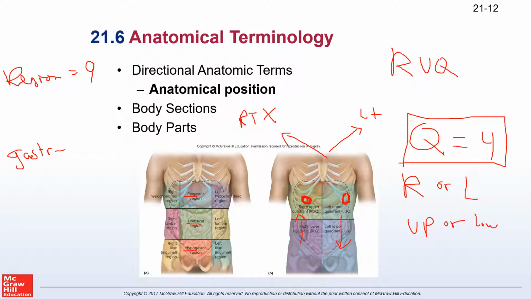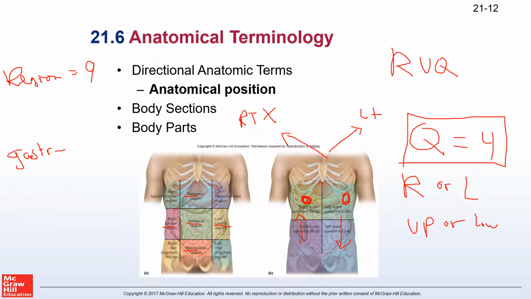Lower back. What are the bones in the lower back called? You guys ever heard of the word lumbar? All right. So we have the right lumbar region, your lower back, and then the left lumbar region. Your hip pointers. Right?